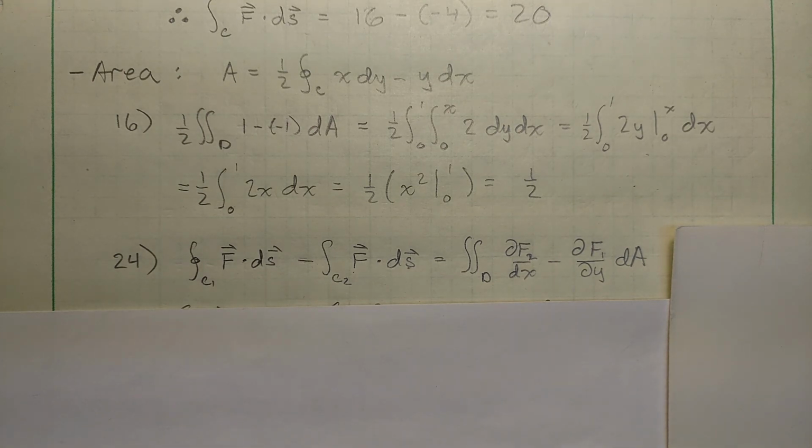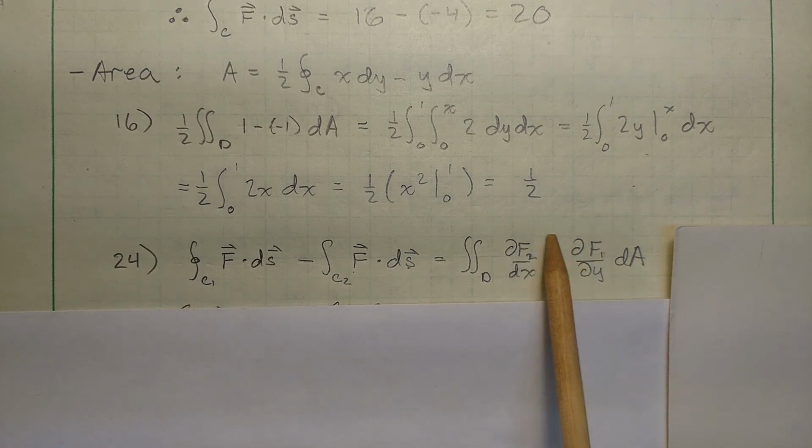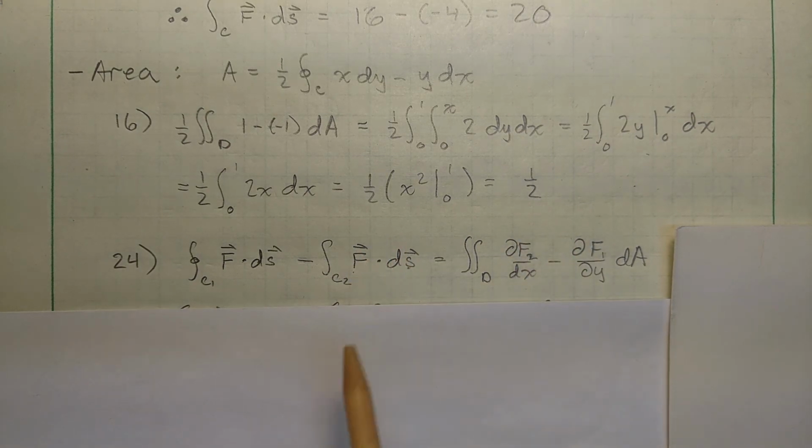Now what we're trying to find here on 24 is this C1, but we are told what this interior part is, and we're told what this is here.